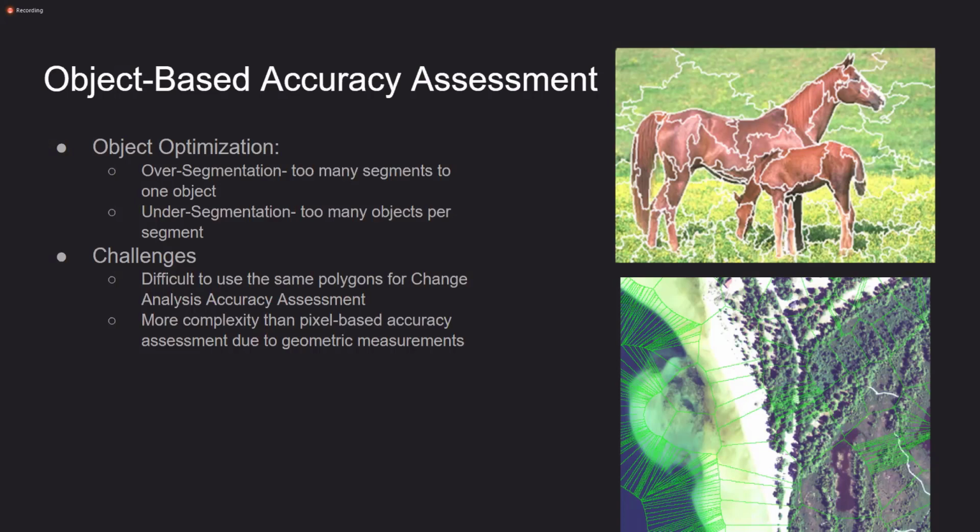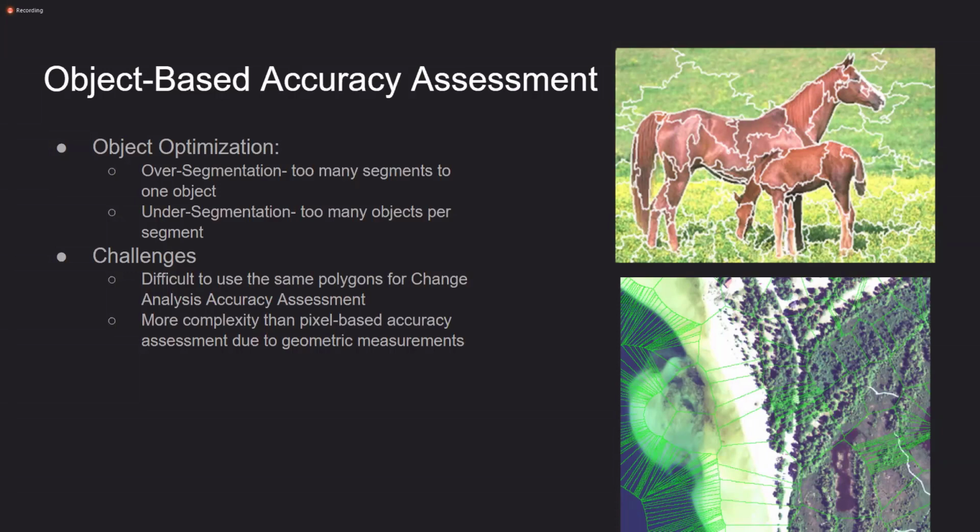So you might have an object that moves from place A to place B, or it might be in a shadowed region now, or there might be some new atmospheric effect. So you're not guaranteed that that object's exactly the same. So it makes it difficult to measure from time point 1 to time point 2.